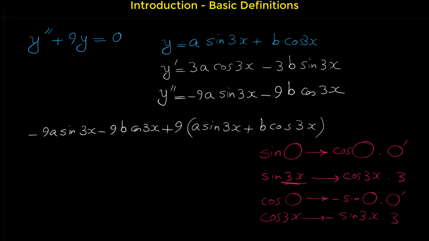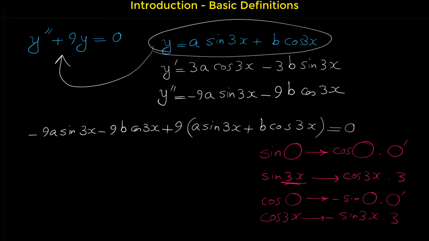We have to check to see if this equals 0 or not. Note that negative 9a sine of 3x plus 9a sine of 3x equals 0. And negative 9b cosine of 3x plus, if you multiply this 9 here, we have 9b cosine of 3x. They cancel each other also. So this expression equals 0. And this shows that this is a solution for this differential equation.